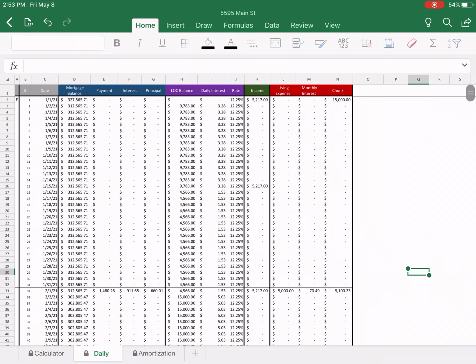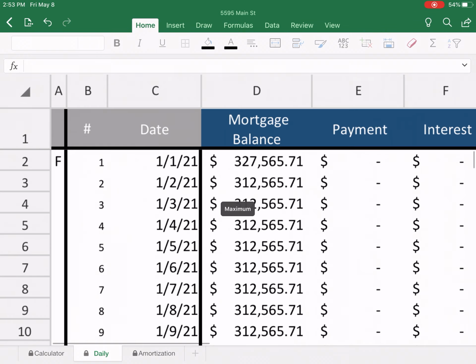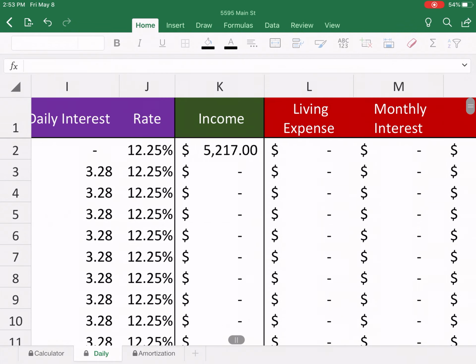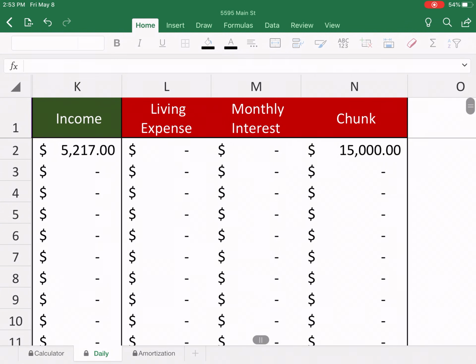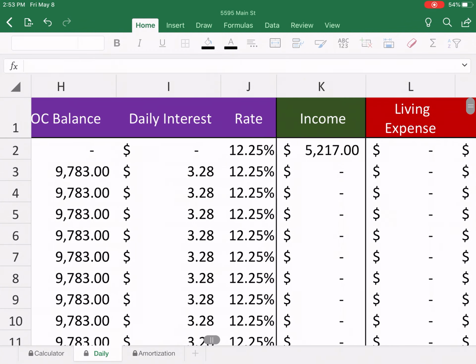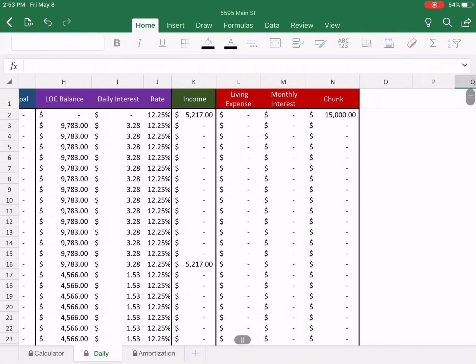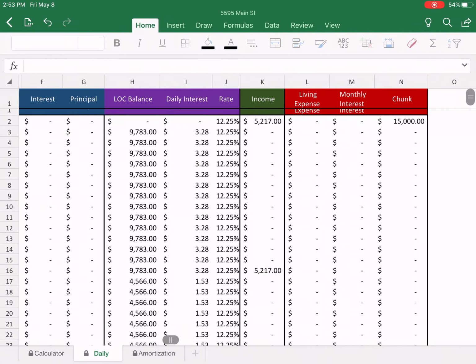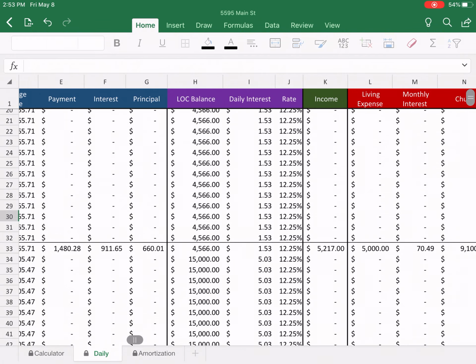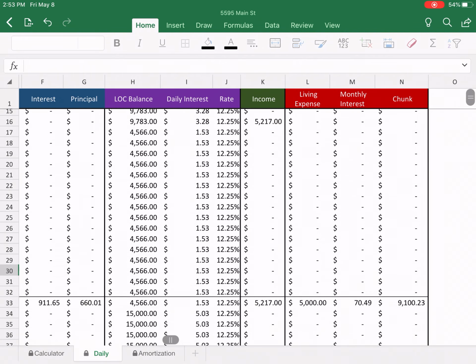Then it's taking the chunk, right here, and showing the daily interest rate on it, based on the chunks.